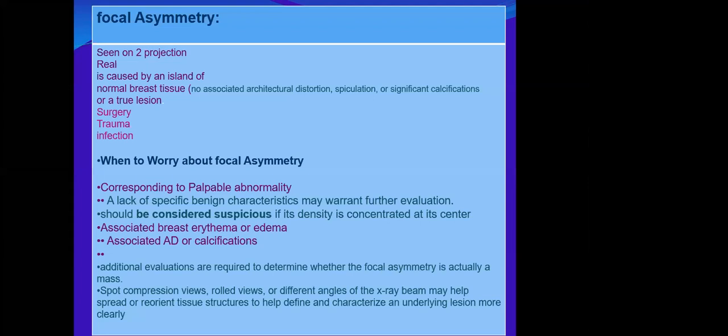If there is no history of surgery, trauma, or infections, we have to take it seriously and exclude malignancy. And we said it is worrisome if associated with palpable abnormality, skin changes, distortions, or suspicious calcifications.